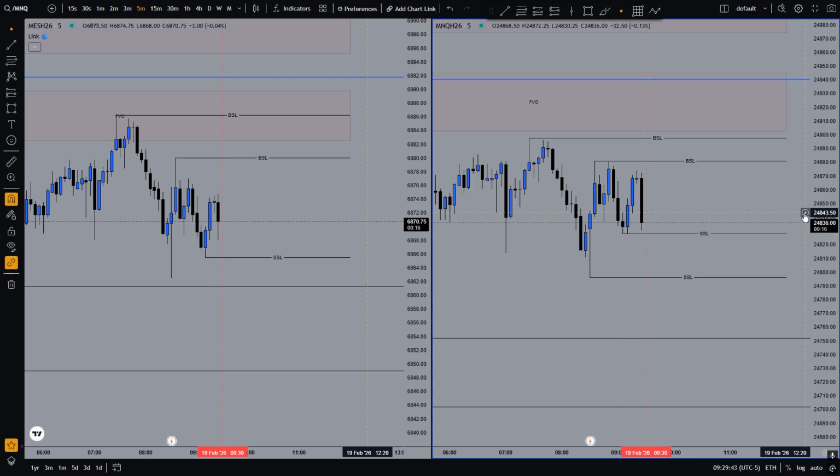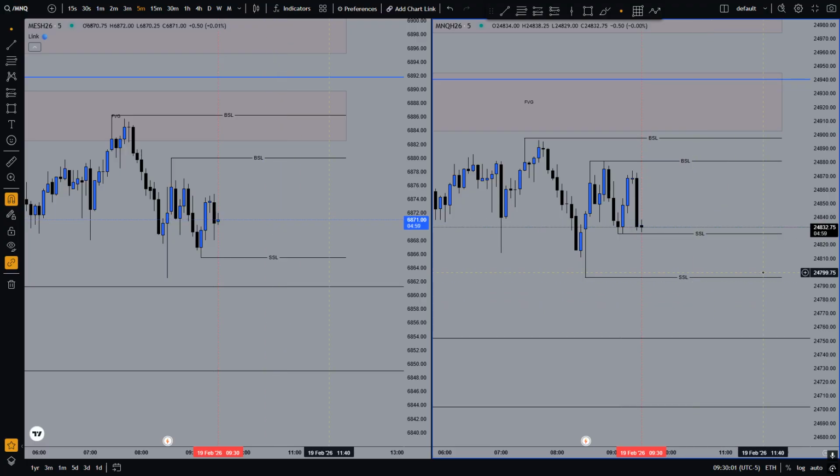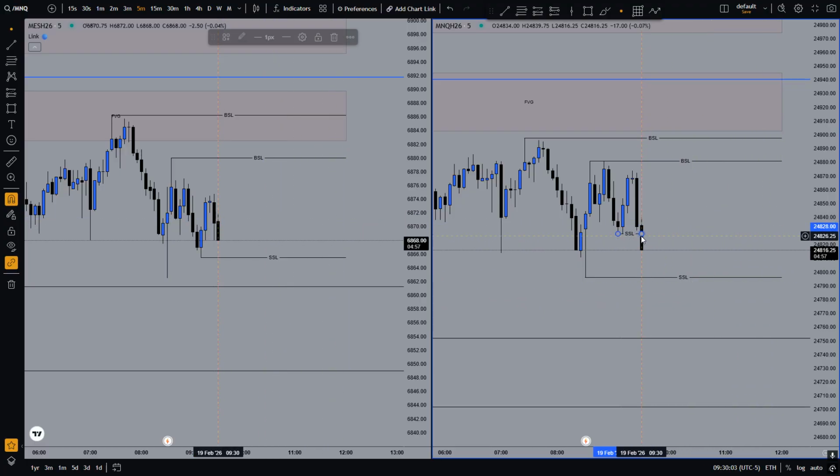Looks like NQ is lower than ES, so if we take this low, we could have an SMT. But with open coming up, we'll see. Volume's gonna be coming in here in about 5 seconds. So low gets taken.